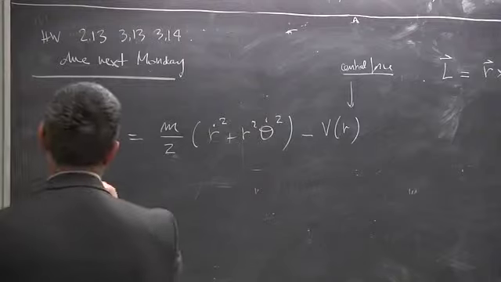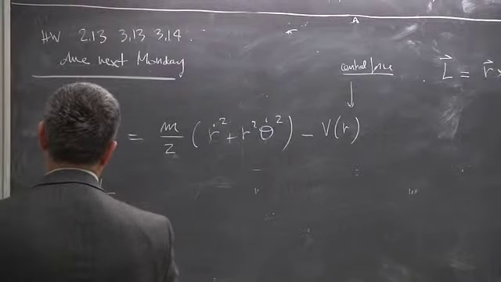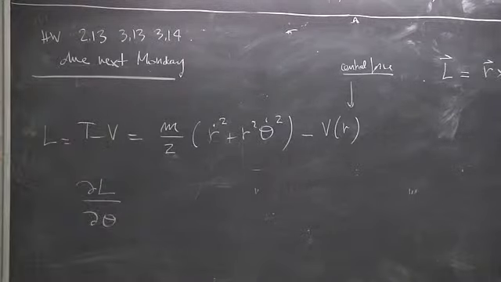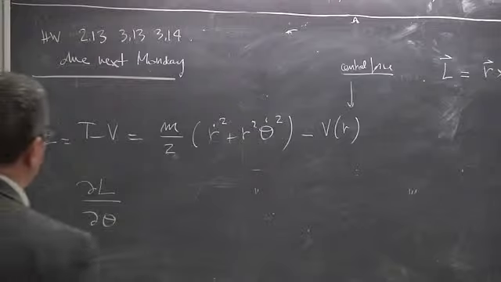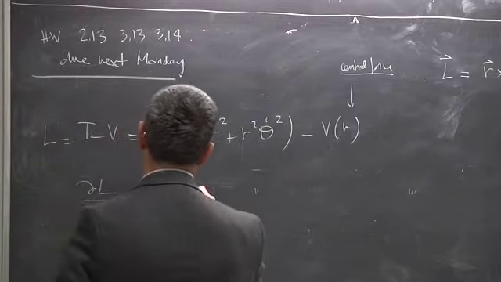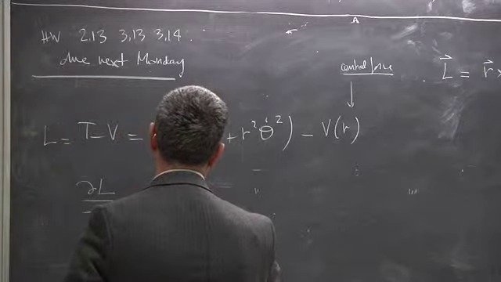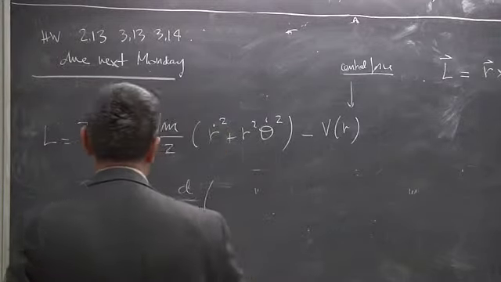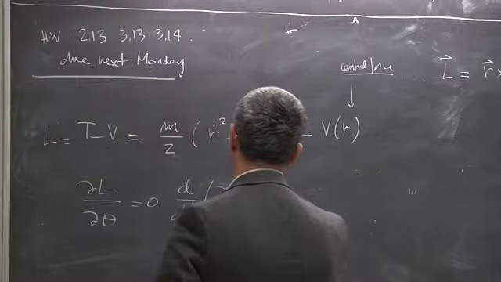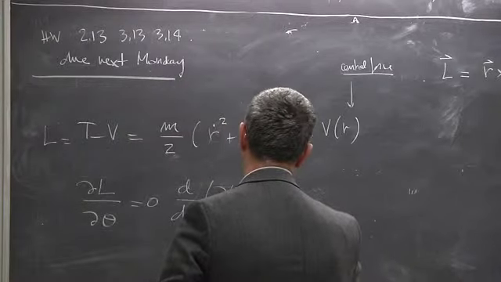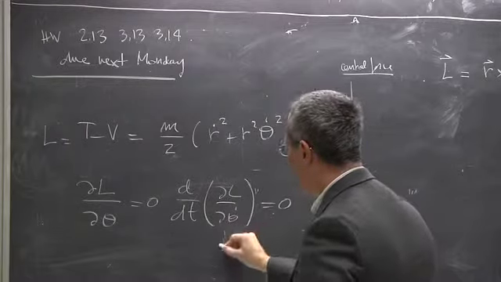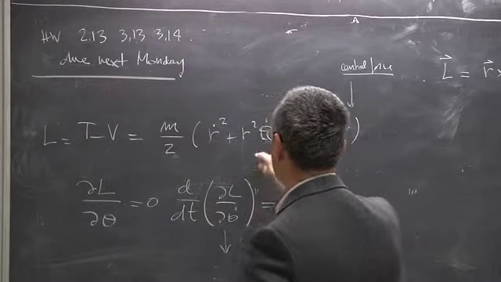Therefore, if I take the derivative of my Lagrangian with respect to theta, right? This is clearly 0. By the Noether theorem, the derivative of my Lagrangian with respect to theta dot must vanish as well. And this quantity is conserved. And this quantity is what?